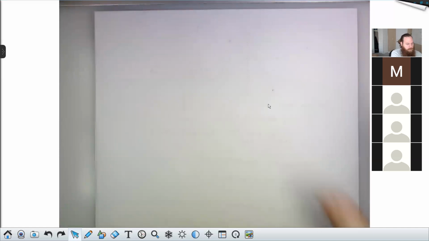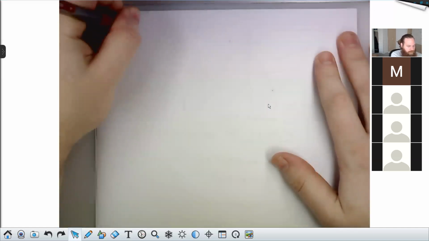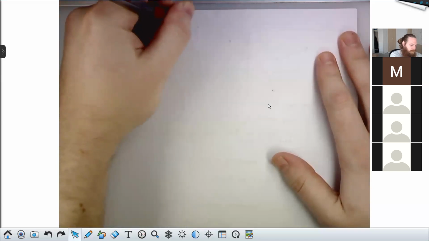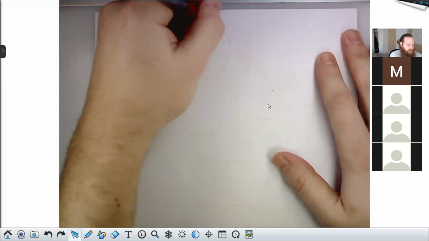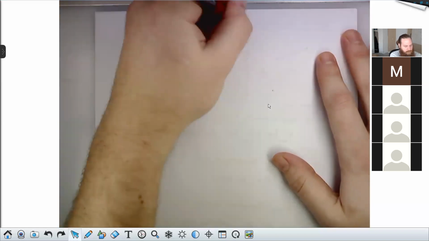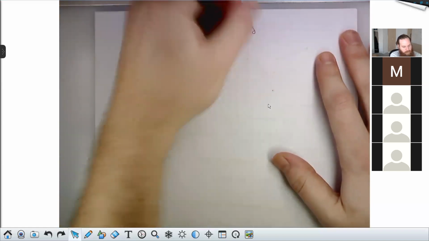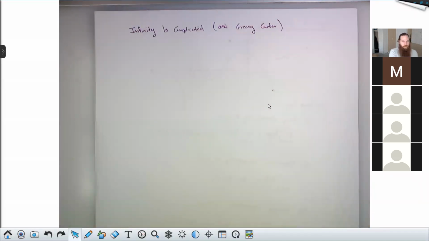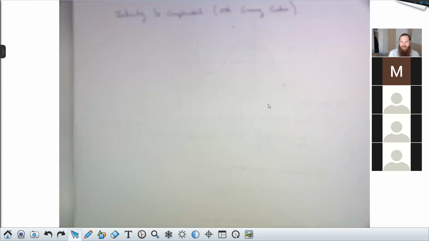Just ask Georg Cantor. So infinity is complicated. Ask Georg Cantor. Cantor was the first man to try and really carefully look at what infinity is. I know the focus is drifting again. It'll come back.